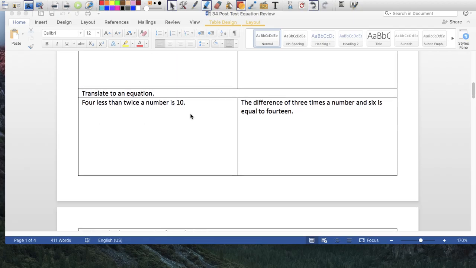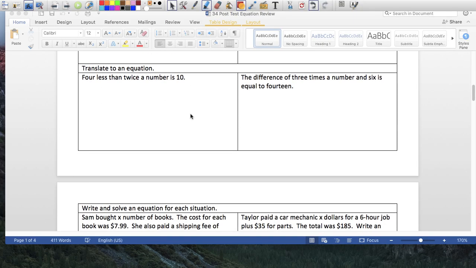So now we want to translate this to an equation. Okay, so let's do that. 4 means 4. Less than means subtraction. Twice a number is 2 times a number. Put a little dot there. 2 times a number. Is, so that's this.